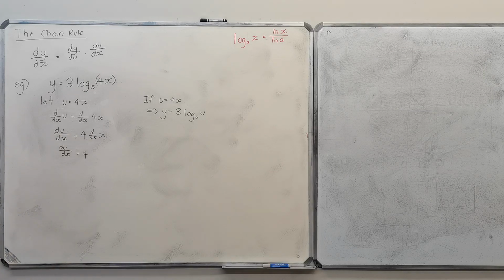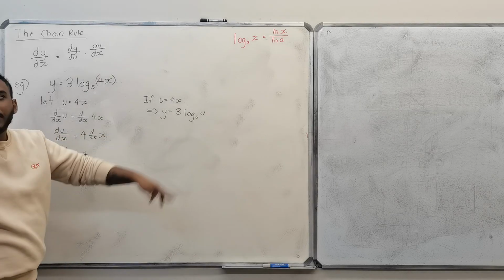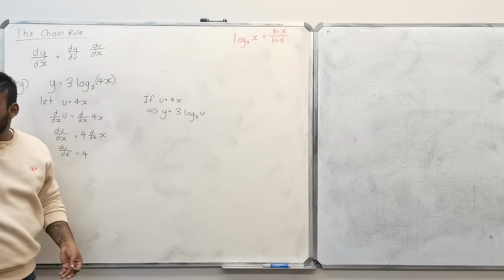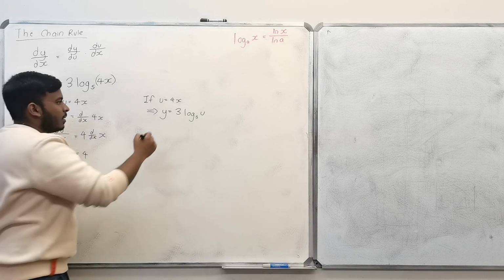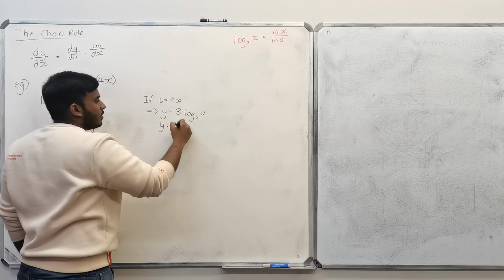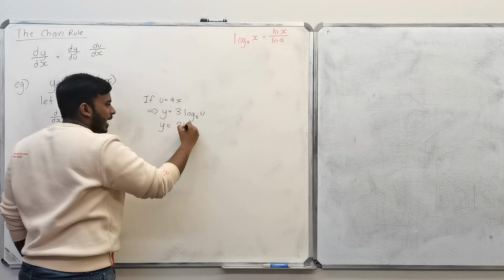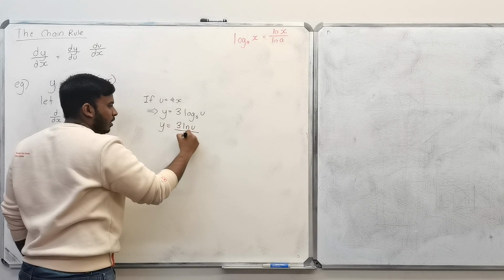So this would become 3 ln of u over ln of 5.